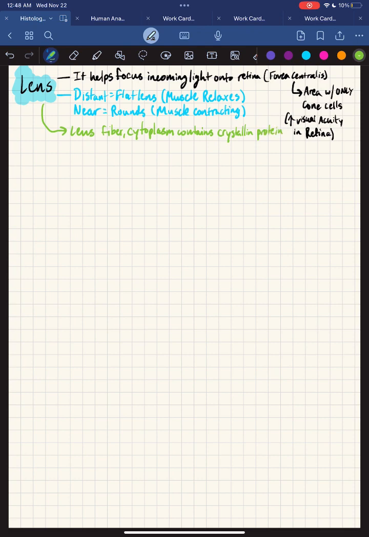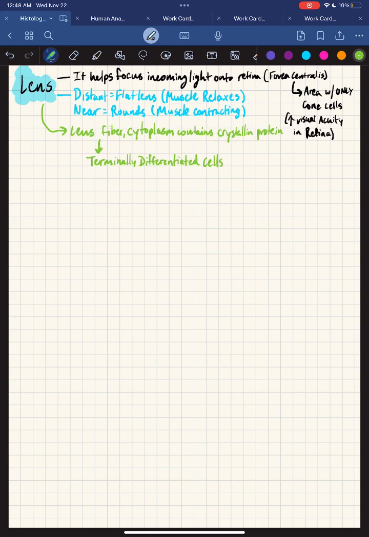Now, these lens fiber cells specifically are terminally differentiated cells, which means they're stuck in that kind. They cannot differentiate into any other type. They cannot morph. They are the way they are forever. There's no going back, there's no changing.